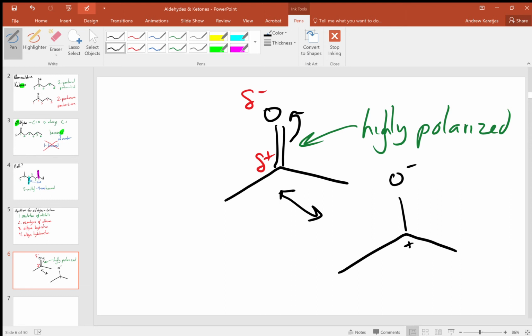Overall, what this means for the reactivity of carbonyls, especially aldehydes and ketones, but we'll see the same thing for other carbonyls as well in the future, is that carbonyls, and again we're specifically talking about the carbon, are a very, very good electrophile.